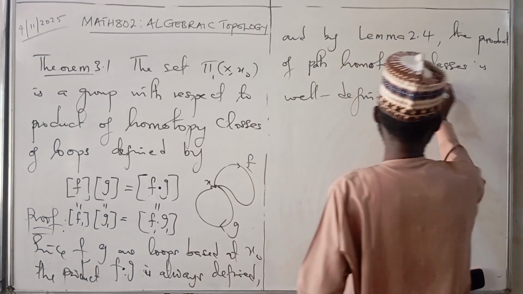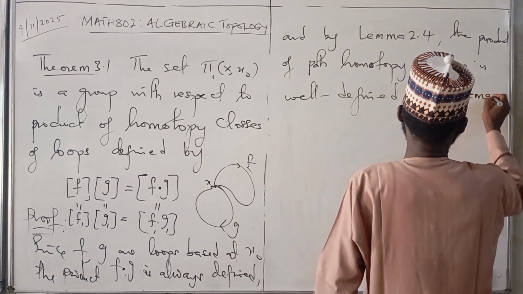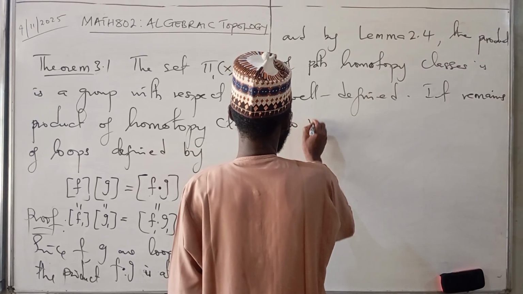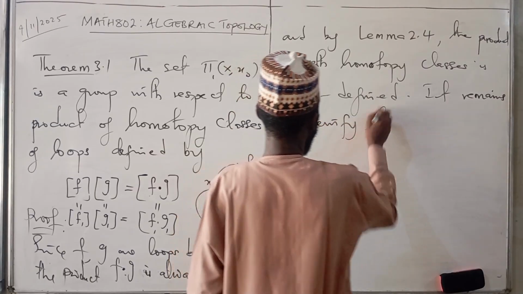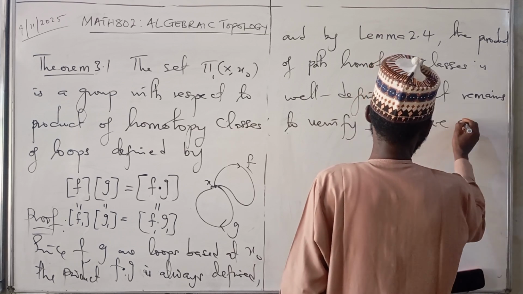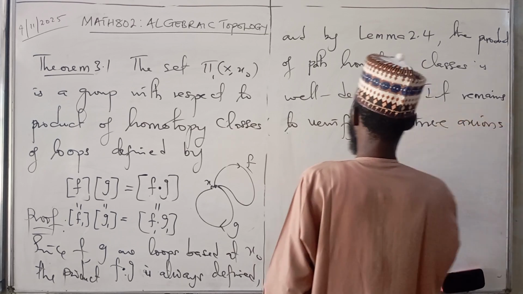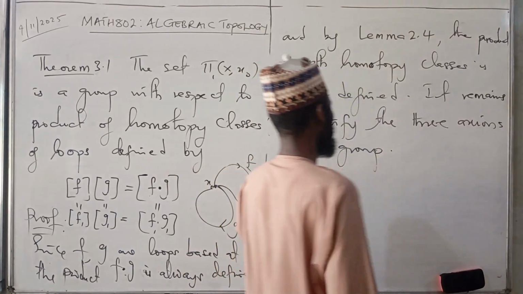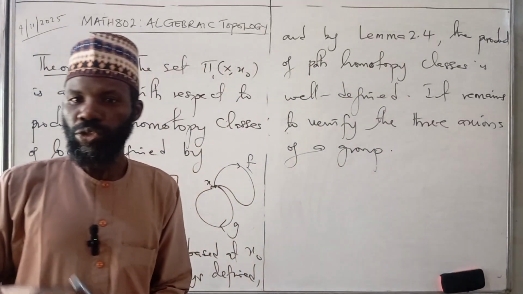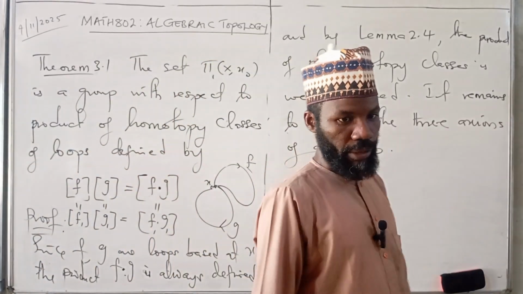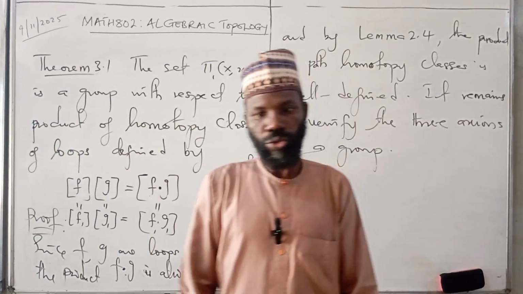So what remains is to verify the three axioms of a group. We have a well-defined binary operation. Well-definedness is already closure. Since it is a binary operation, it's closed.